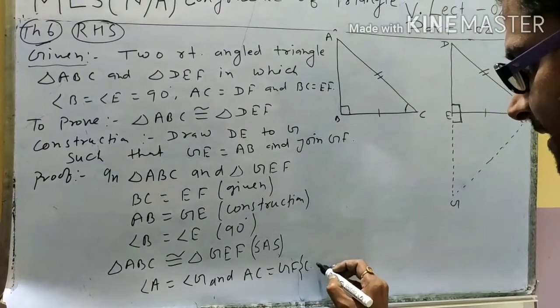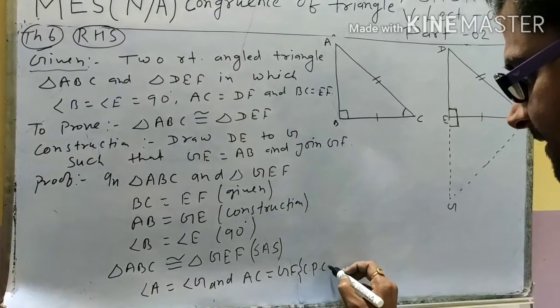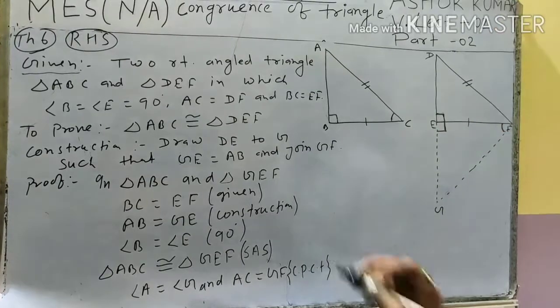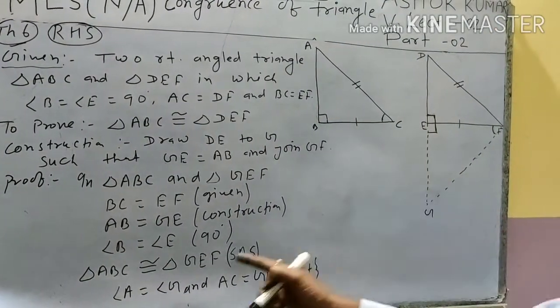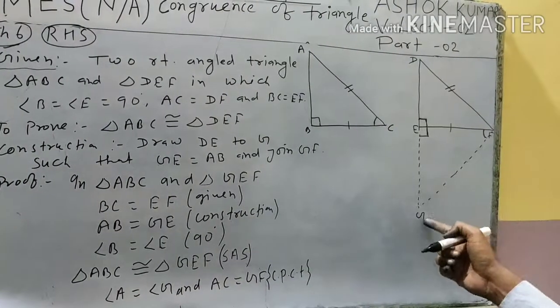These two are by CPCT. So write down by CPCT, angle A is equal to angle G and AC is equal to GF.